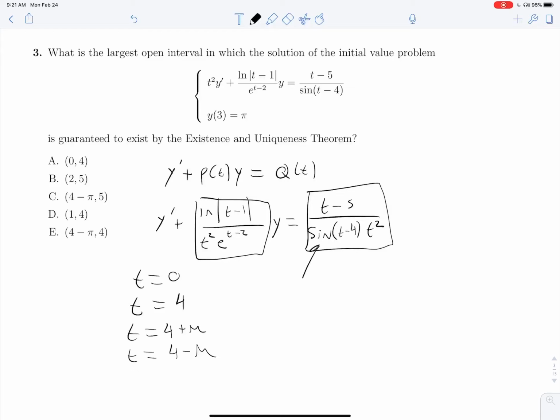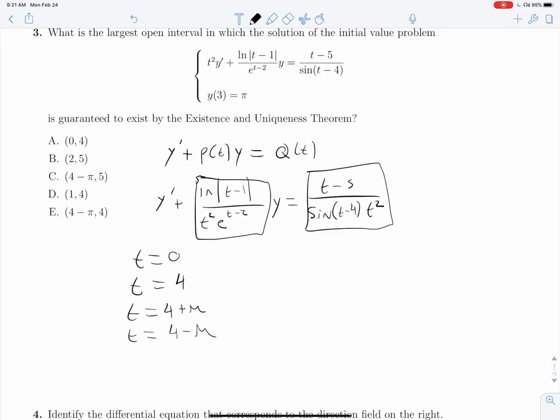And that's coming from our sine term here. Any time that what we're plugging in there is a multiple of pi, we'll have a bad time. Also, we don't just need to look at our denominator, because in our numerator over here we have ln t minus 1.